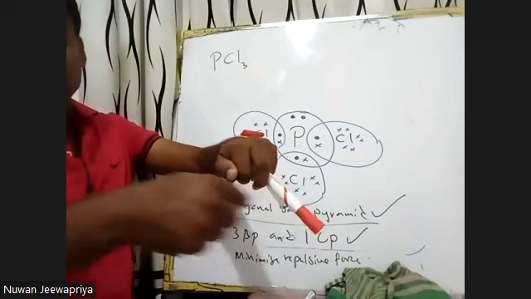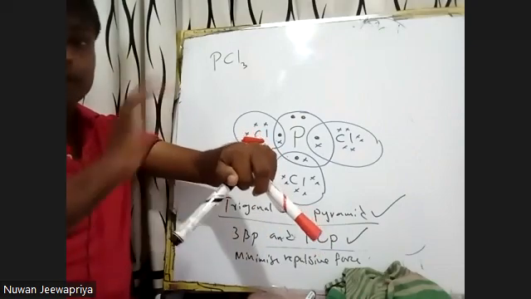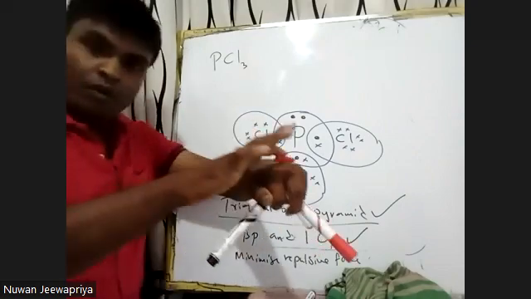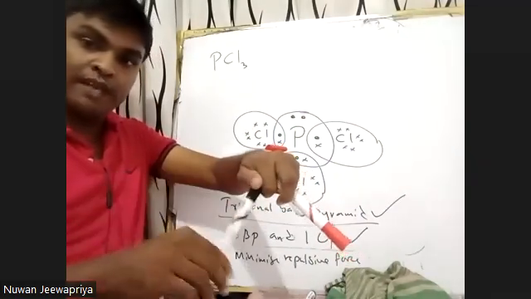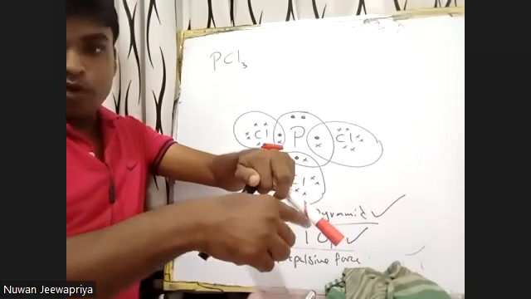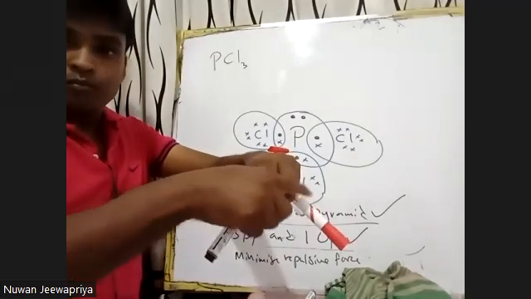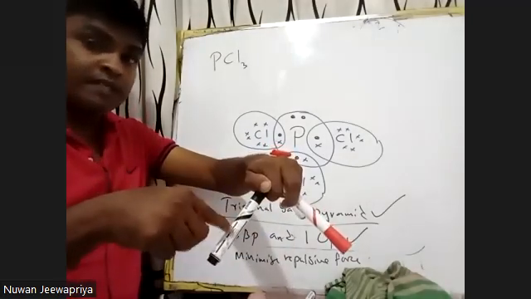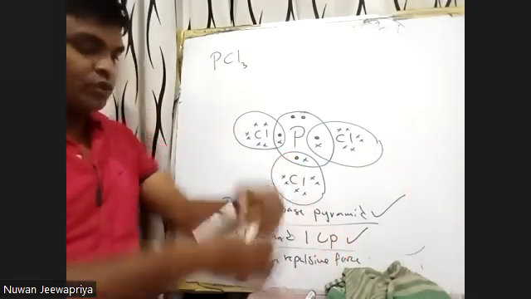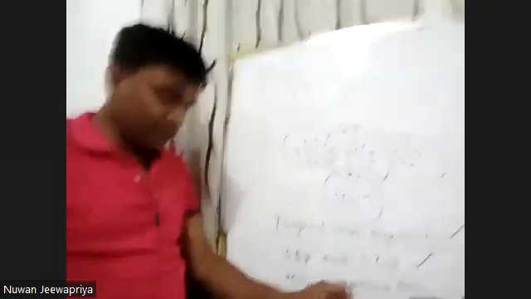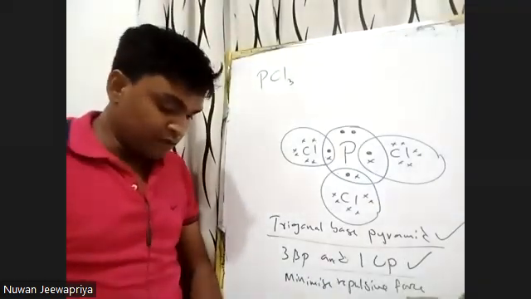The bond pair repulsion is not that strong. Lone pair-bond pair repulsion is strong. That's why it's bent. Bond pair repulsion is not that strong. Understand that? Now I guess you can understand how the shape of molecules comes.